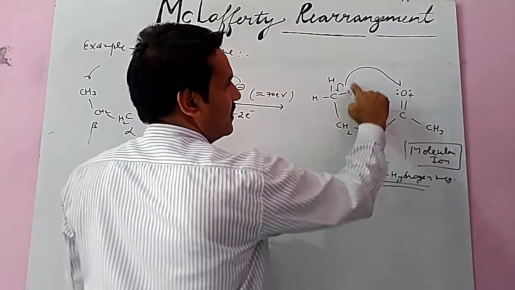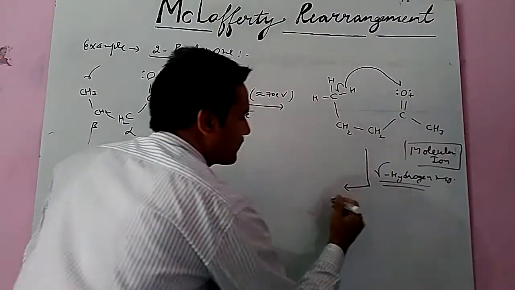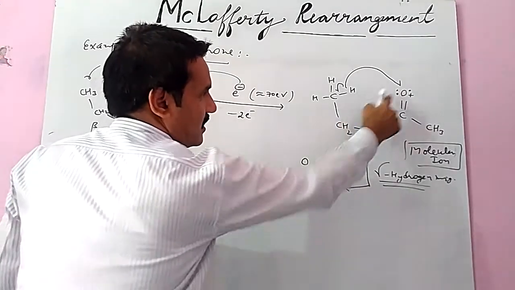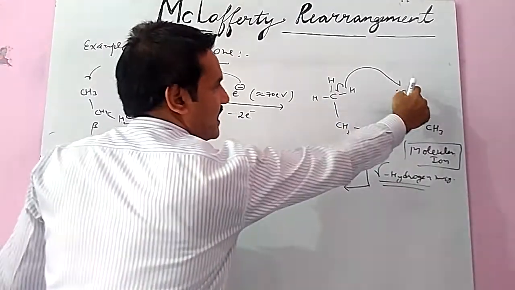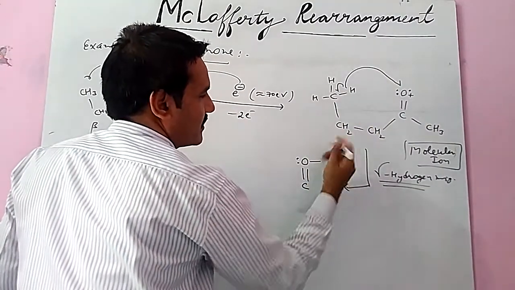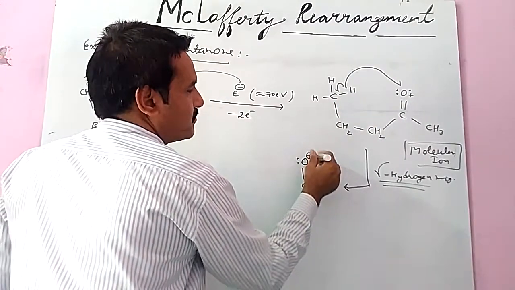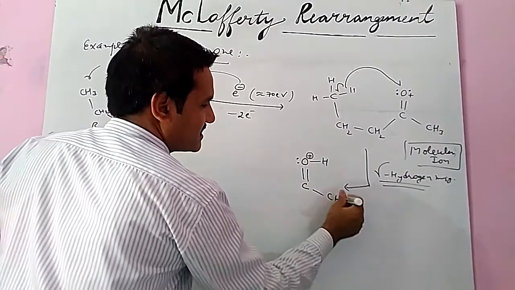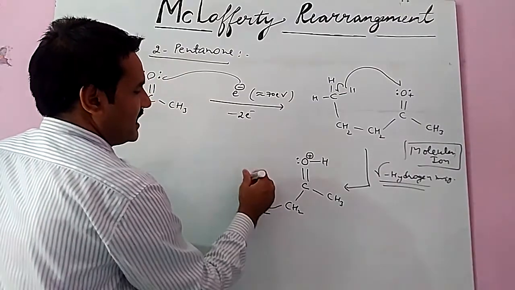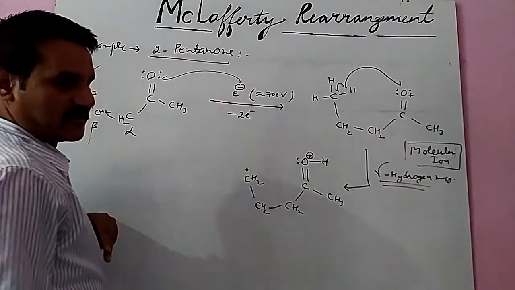So 1 electron from hydrogen and 1 electron from oxygen make a bond, and it converts into C double bond O. With the 2 electrons, 1 electron here and 1 electron here make a bond, that is OH, the H is transferred here, and the remaining charge is positive. The remaining part is the same, CH3, CH2, CH2. Here one hydrogen is removed and one electron is shifted, so a radical is formed.